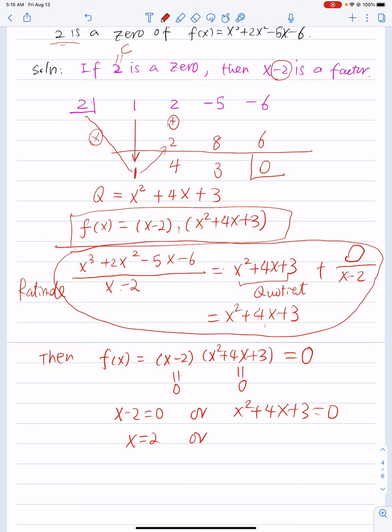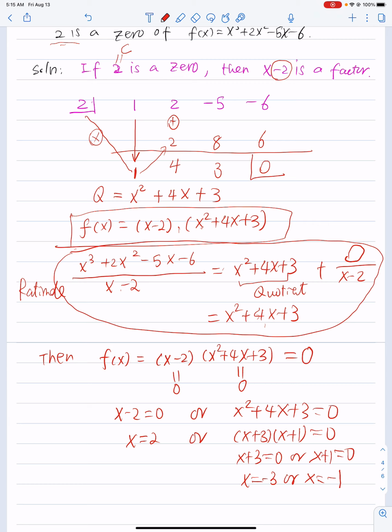You can factor again. 3, 1, so x plus 3, x plus 1 equal to 0. Then x plus 3 equal to 0, or x plus 1 equal to 0. So x equal to negative 3, or x equal to what? Negative 1. You with me? So you can find the other two solutions.